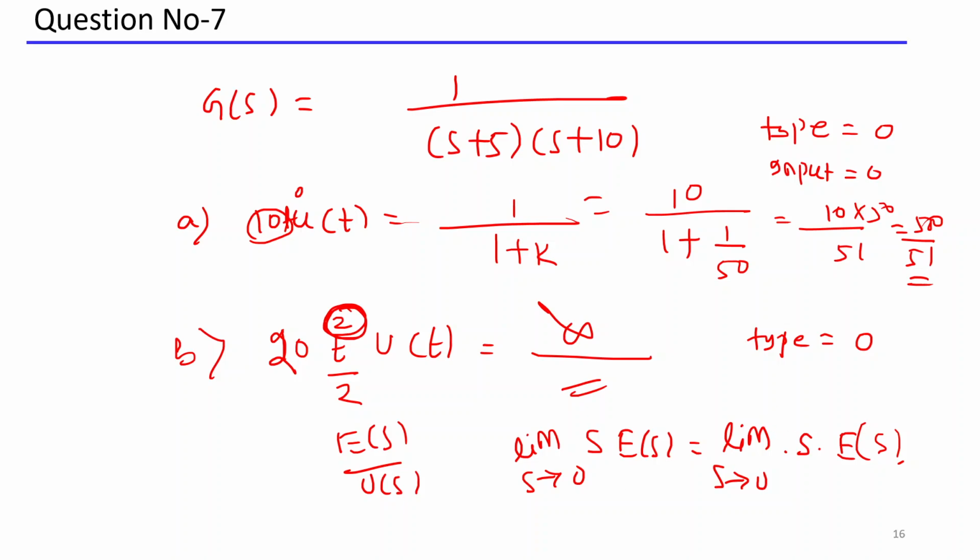If you don't know the shortcut, you have to go through the lengthier process. I'm just trying to say how you can solve it without using any pen and paper.